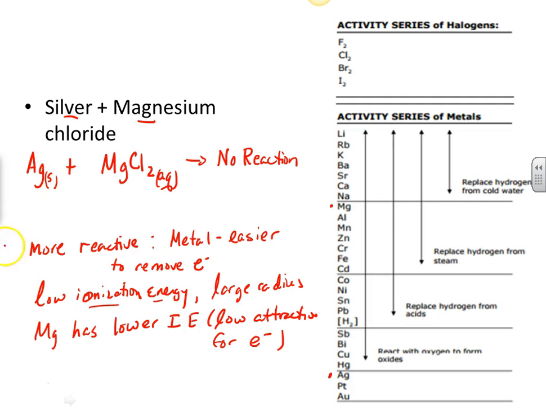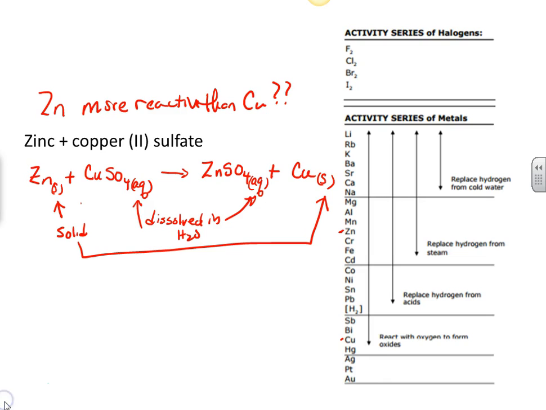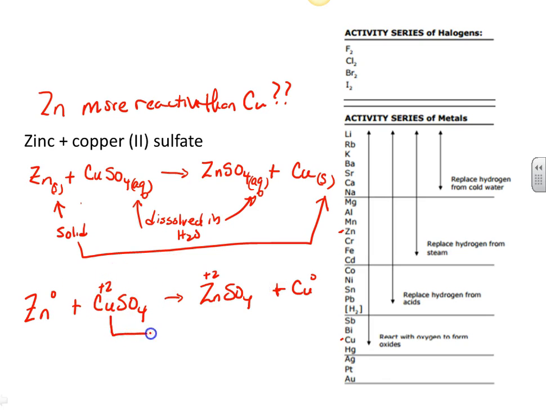Well, the electrons, if we go back a slide and we look at zinc, which has a 0 charge, with copper 2 sulfate, this is a positive 2 charge, and that produces zinc sulfate, where zinc is now a positive 2, plus metallic copper, the 0. We've had some electrons transferred. Our copper has gone from positive 2 to 0.